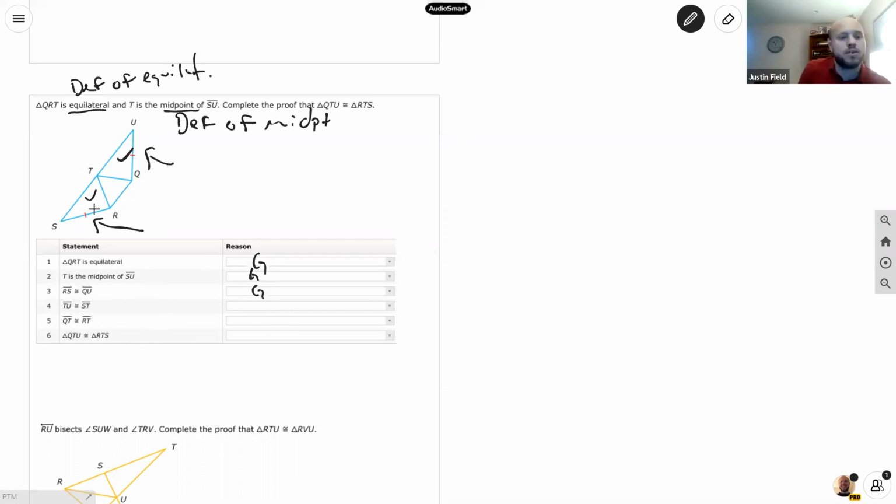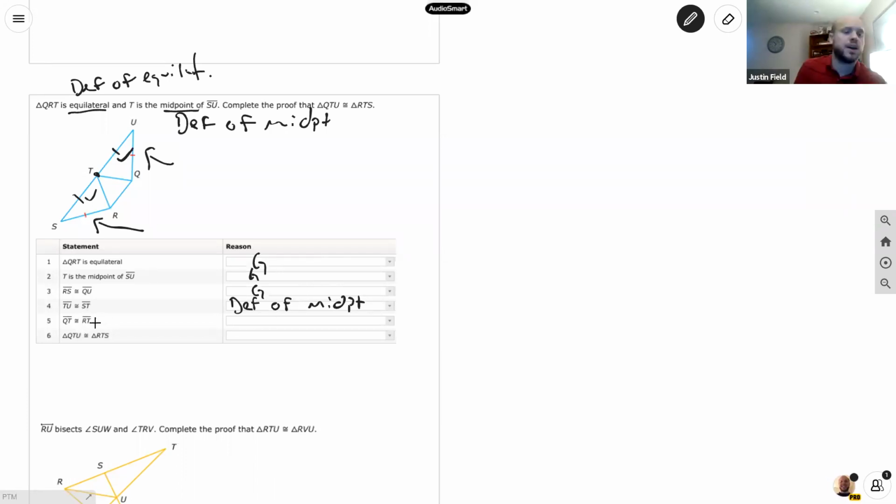Now, TU and ST. There's TU, here's ST. Those are congruent because T is the midpoint. So I'm going to say definition, because I know which piece of given information is used to make that statement.